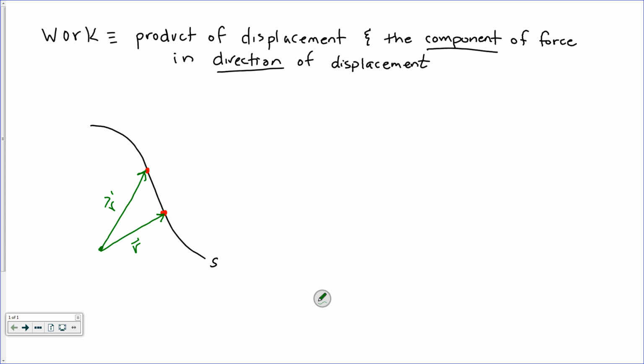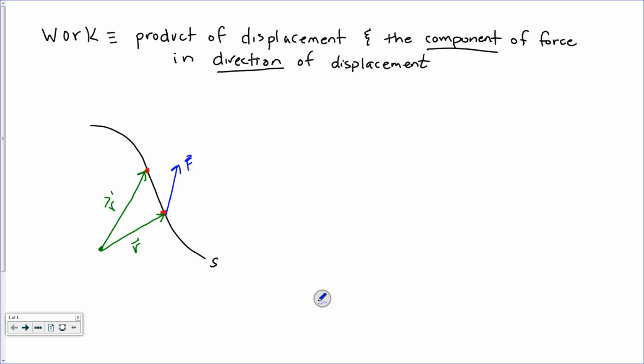Maybe it's falling, which would be gravity. Maybe there's a spring pulling it. Maybe it's attached to a rope and someone's pulling that rope or pushing the particle from one place to the next. But if I draw that force that's moving the particle like this in blue, then you can see, okay, well, that force doesn't need to be completely along the path that the particle is moving on.